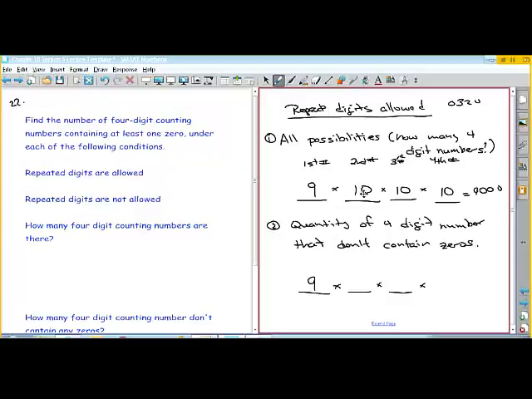But for this number that was 10, I can't use 0. So I make that into 9, because no zeros. I can use all the other numbers, 1 through 9. So the same thing applies to each next step. And so you multiply those together, and you get the total number that don't include 0 at all.